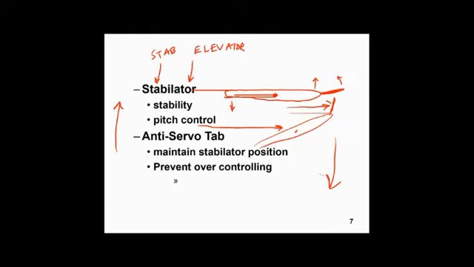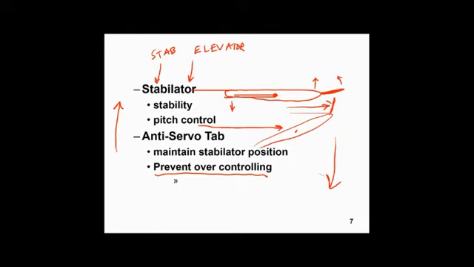That way it prevents over-controlling, because the anti-servo tab moves in such a way that it gets in the way of the slipstream, the airflow, and makes it harder to move the control.